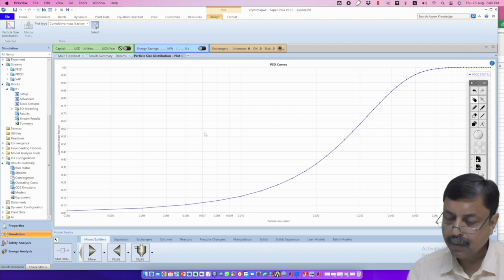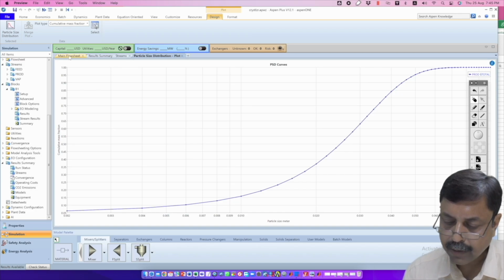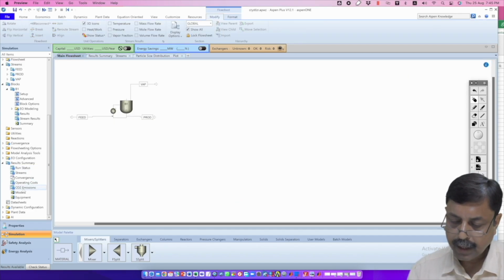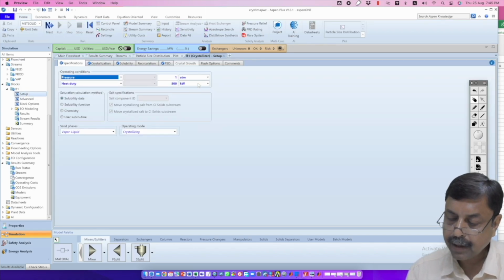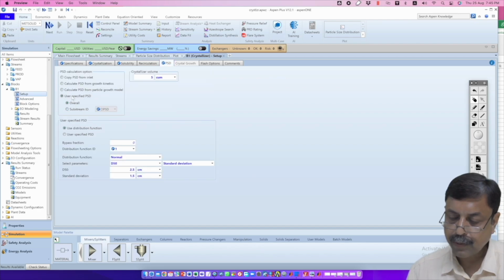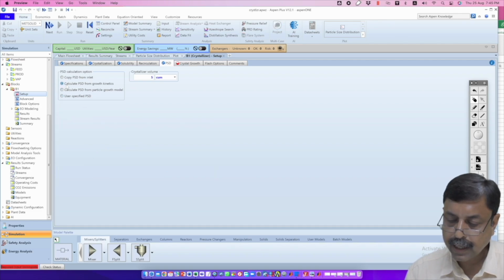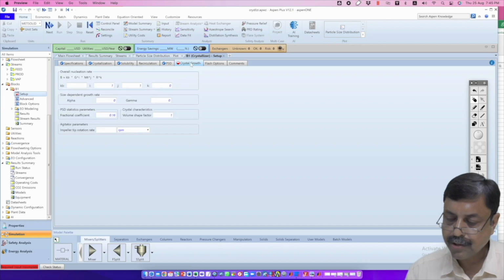Okay. Now let us change our simulation a bit. Go back to the setup. Here, instead of user specified growth, let us use the particle size growth kinetics crystal growth.